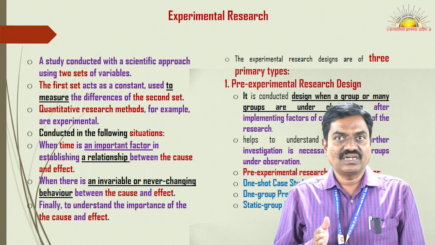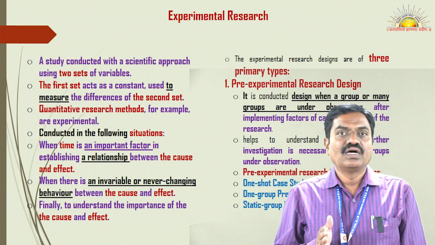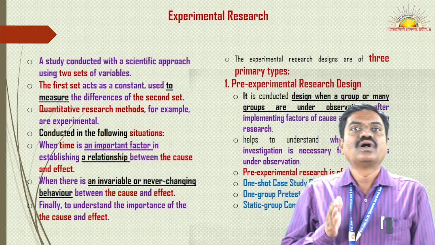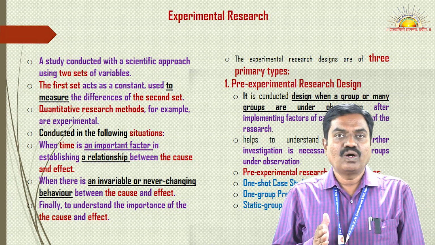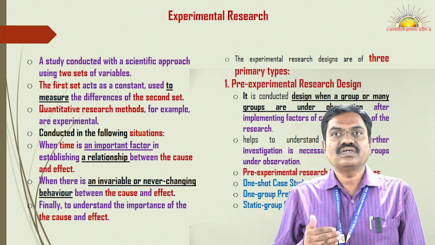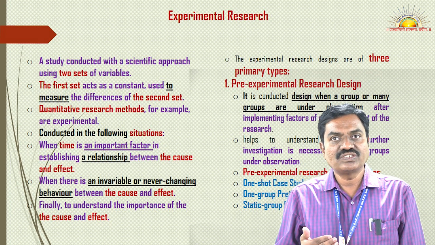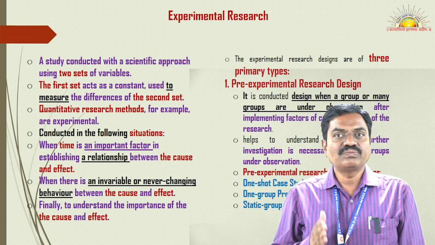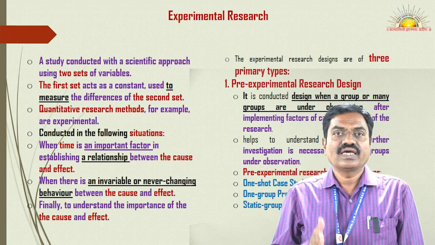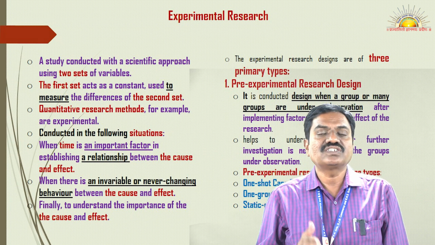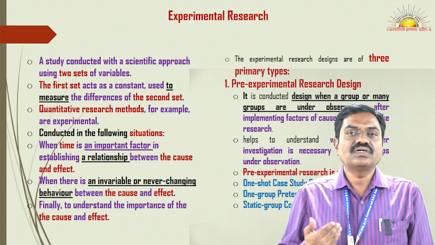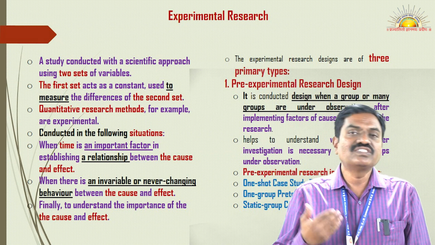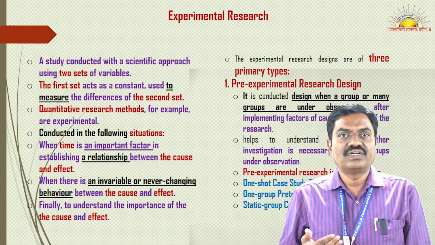This type is conducted when a group or many groups are under observation after implementing factors of cause and effect of the research. The pre-experimental design can help researchers understand whether further investigation is necessary for the groups under observation.